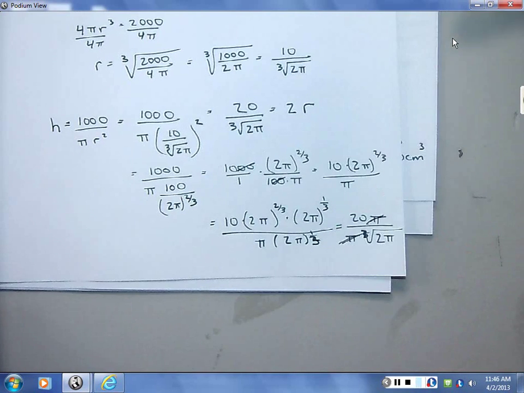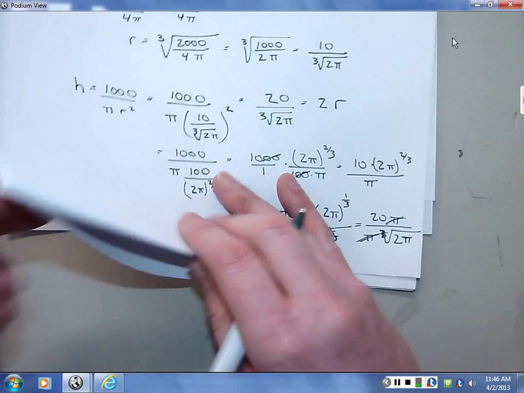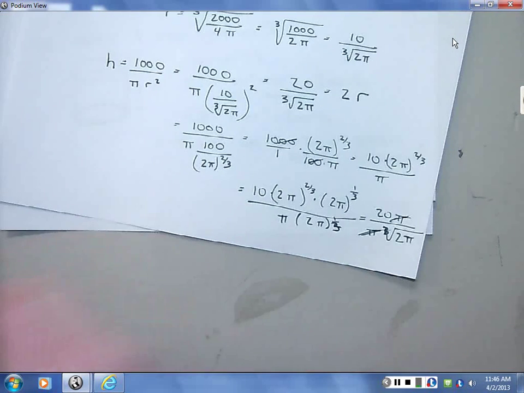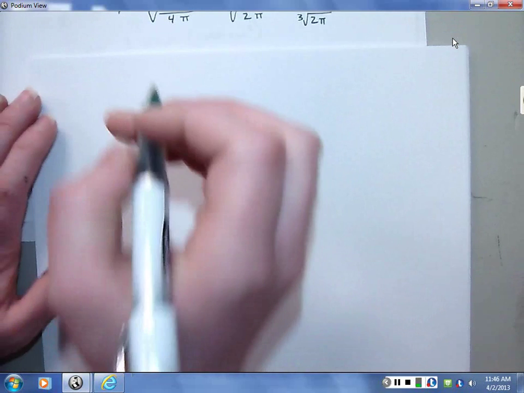Okay, so the problems can definitely get more complicated than this. So let's look at example number 4 in your book. We're not going to have time to probably finish this one.